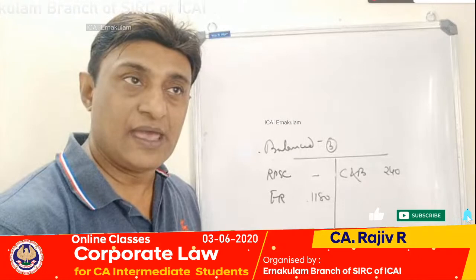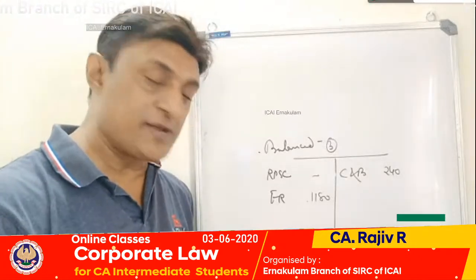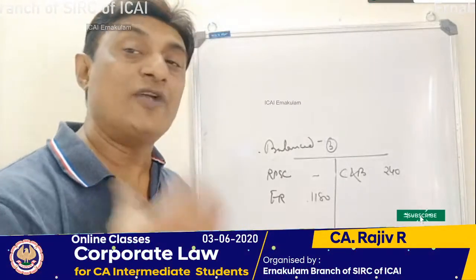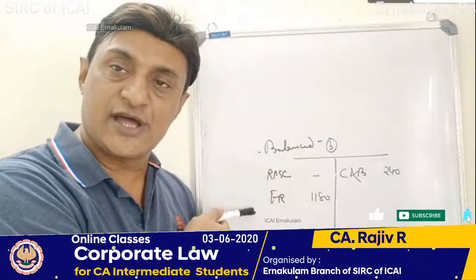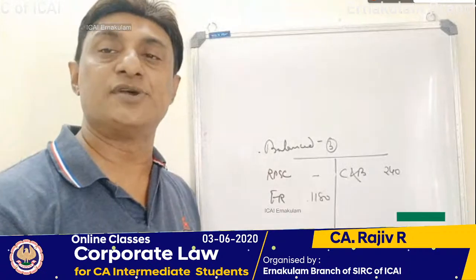Now, my question was this. I'm going to answer my own question. What will happen if the journal entry is not passed? That is, free reserves account debit to capital redemption reserve account.